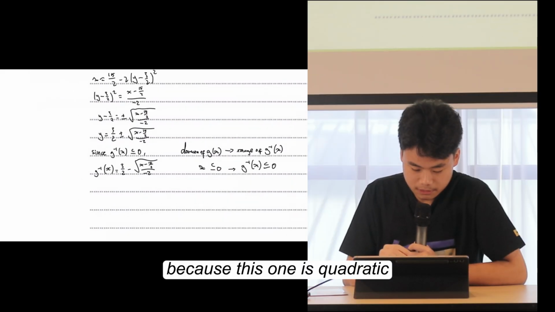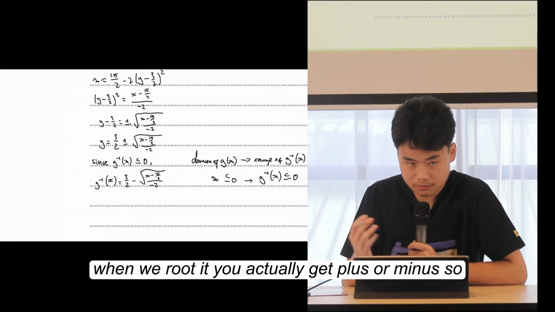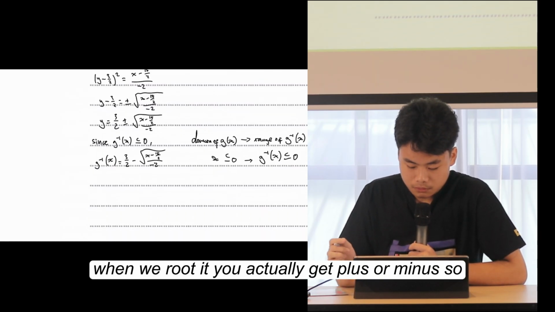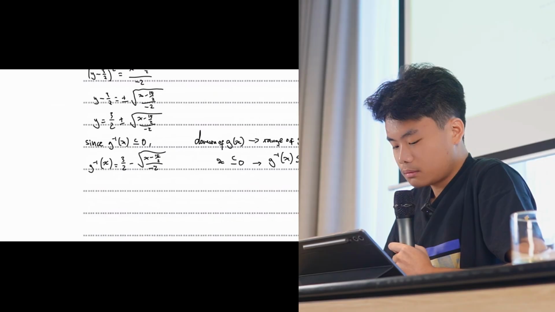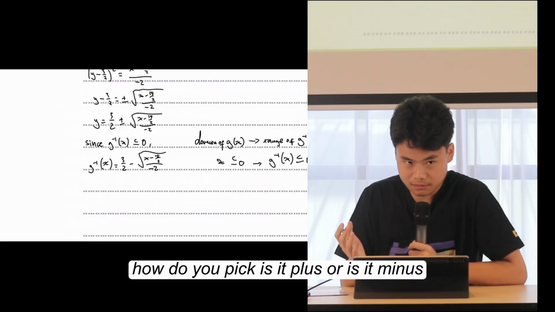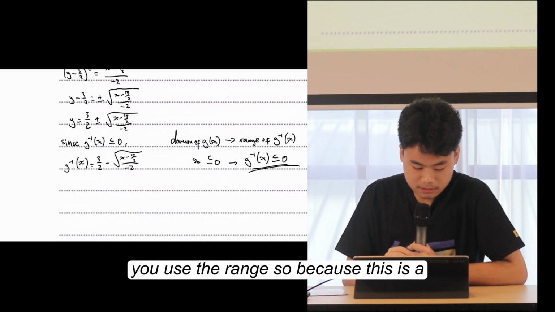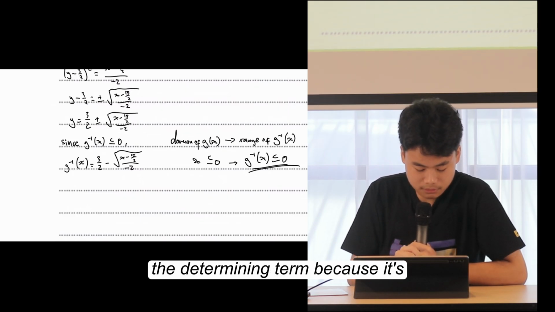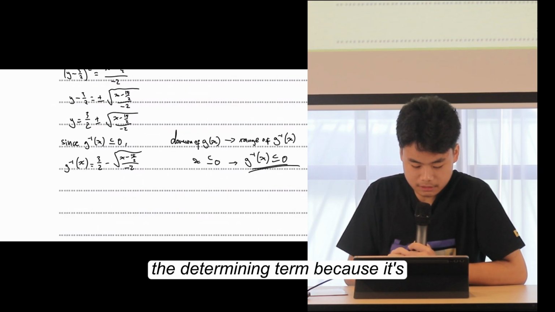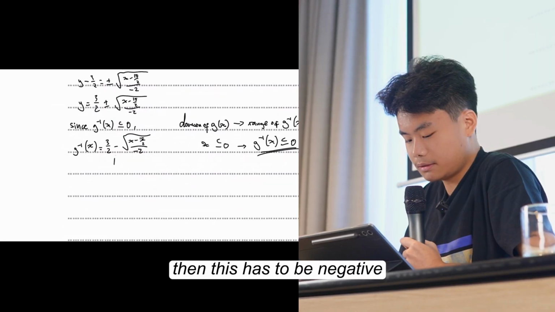Because this is quadratic, when we take the root, you actually get plus or minus. So how do you pick? Is it plus or is it minus? You use the range. Because this is the determining term, because it has to be less than or equal to 0, then this has to be negative.